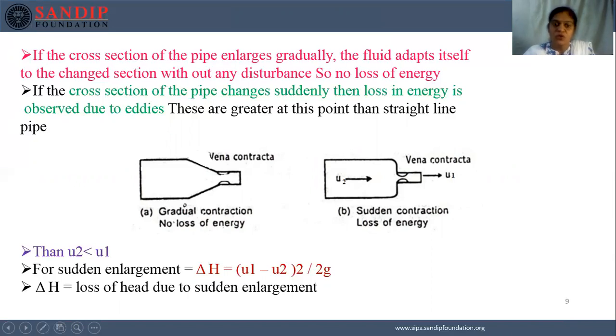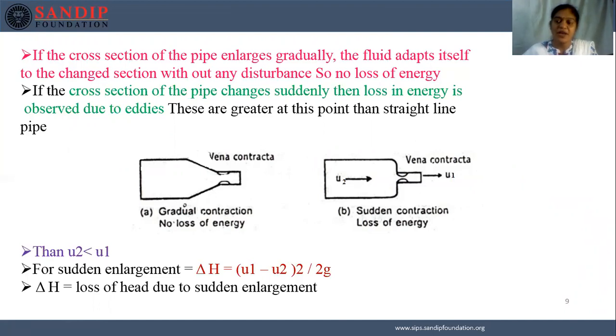Okay. So for sudden enlargement, we can write the equation for delta H. That delta H is nothing but the loss of head due to the sudden enlargement, equal to (U1 minus U2) squared divided by 2g, where g is the acceleration due to gravity. Okay. So here we can observe the vena contracta.